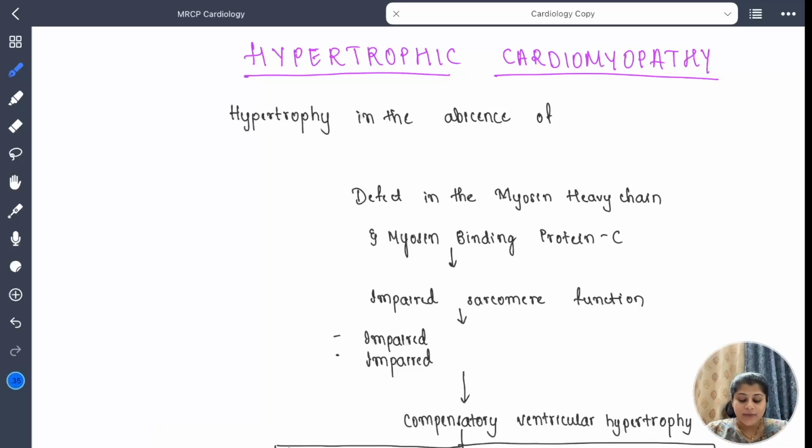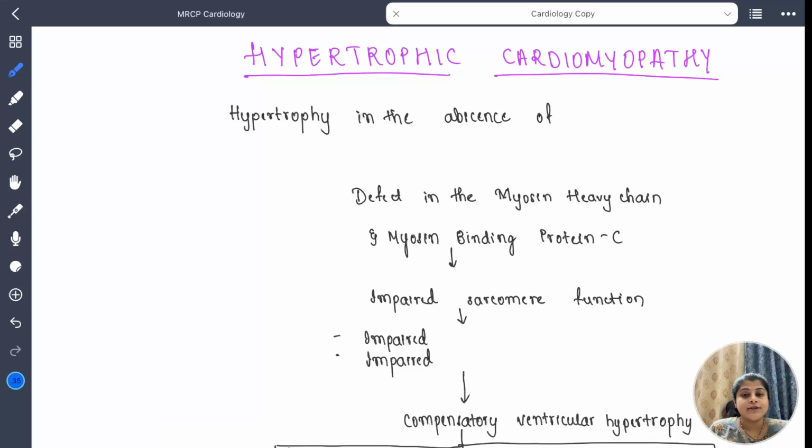As the name says, there is hypertrophy, but in the absence of other causes. Normally, whenever the patient has hypertension, aortic valve disease, or any infiltrative disease or metabolic storage disease, there is hypertrophy.